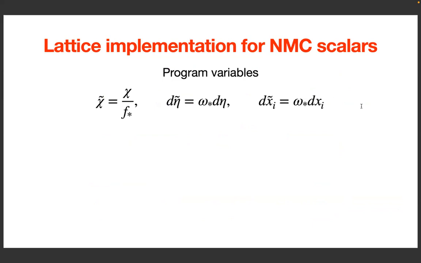So you know this, we have at least two scales: f star, the units in which fields are going to be measured, and omega star, which is some relevant energy scale of the problem.